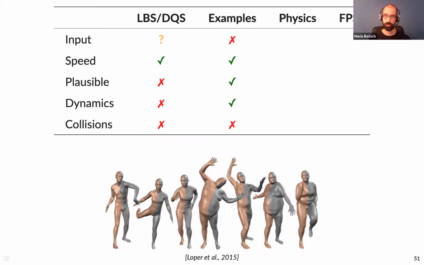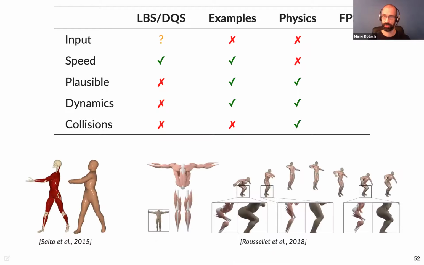Then, of course, when you want to have something that's physically accurate, you can do a full-blown physics simulation, like the works here or the recent Viper approach. Those, of course, give you physically plausible results, by definition, more or less. You do get dynamics, you can resolve collisions, that's all very nice.